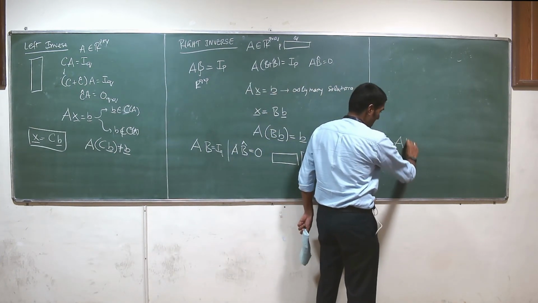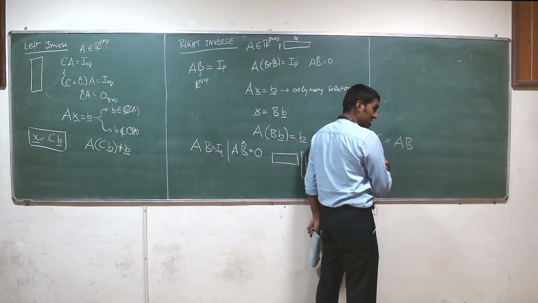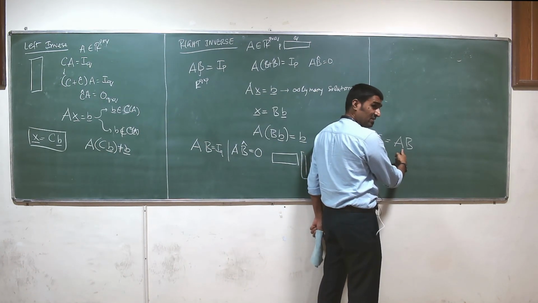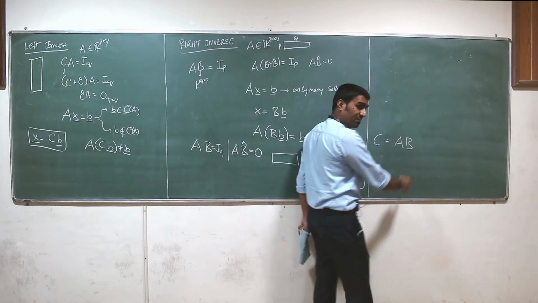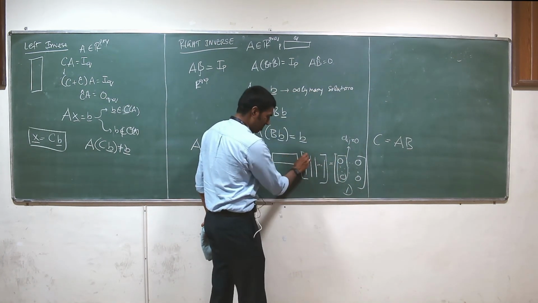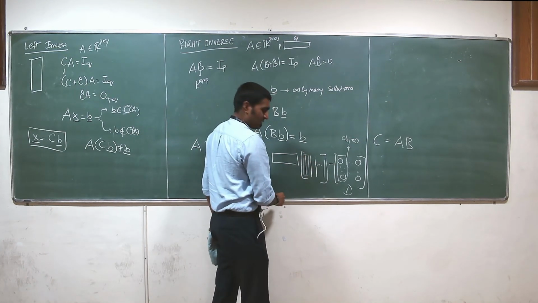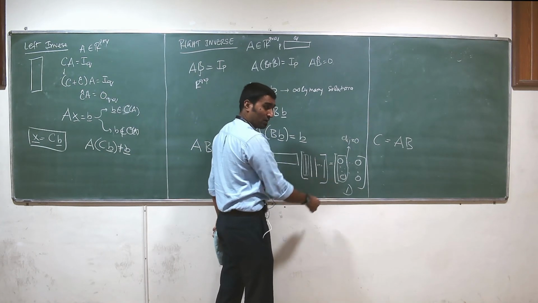The columns of the product are related to the columns of this matrix, right? If you do C equals AB, we learned that the columns of C are linear combinations of columns of A, and the exact mixture is given by the columns of B, right? Here, this first column is nothing but this matrix multiplied by this column. The second column here is this matrix multiplied by the second column, and so on and so forth.